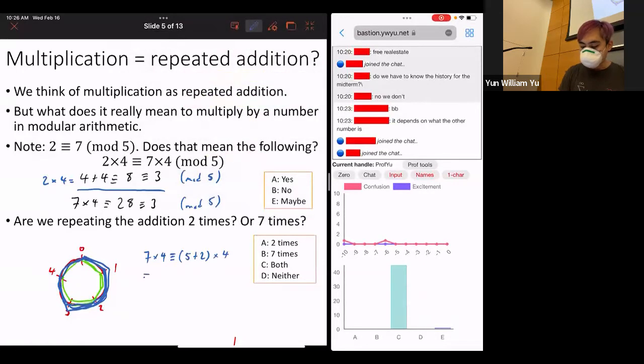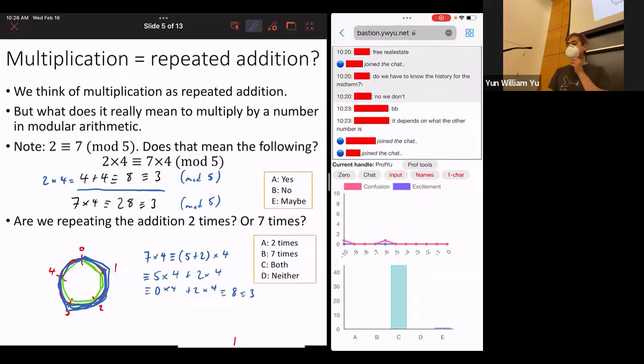We can use the distributive property, which we haven't proved yet for all of this, but you can prove it the same way, which we're going to do in a moment. That gives 5 times 4 plus 2 times 4. But what's 5 times 4? 5 times 4 is equivalent to 0 times 4, so we're left with 2 times 4, which is equal to 8, which is equivalent to 3.